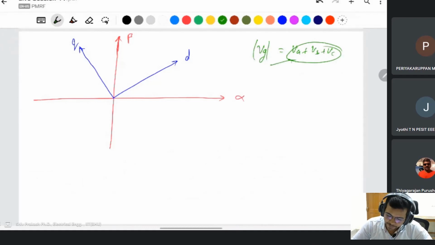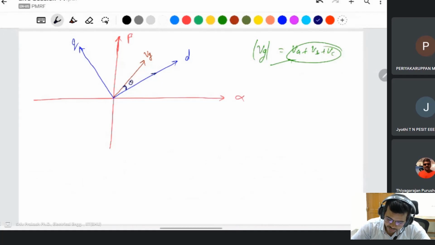This is the VG. VG can be divided in two portions, VD and VQ. We will take this angle as some angle theta.